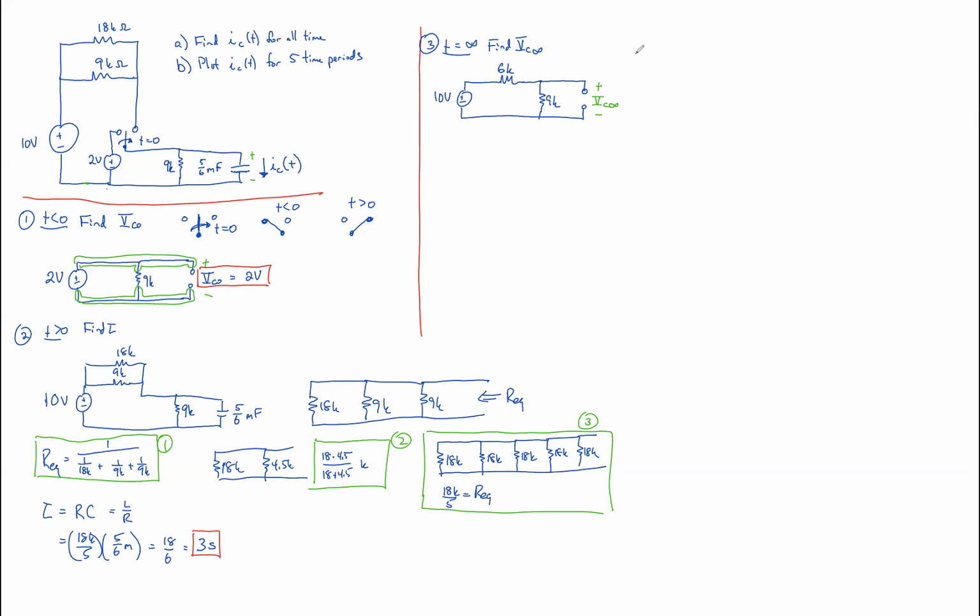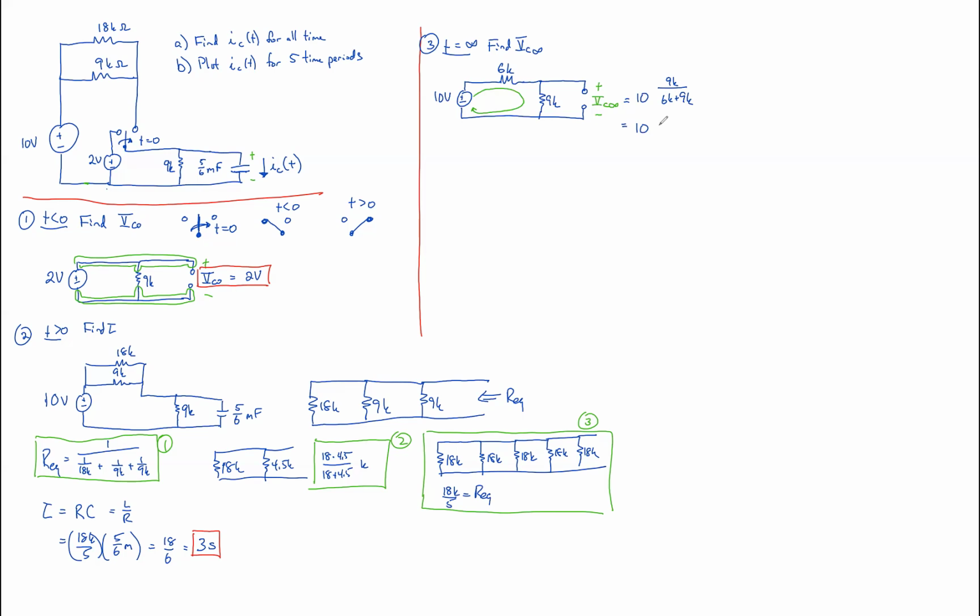So you can see this is just a voltage divider. The only place that current flows is around in this circle. And so it's going to be equal to our input voltage times the voltage across which we're interested in, times the sum of all of them.